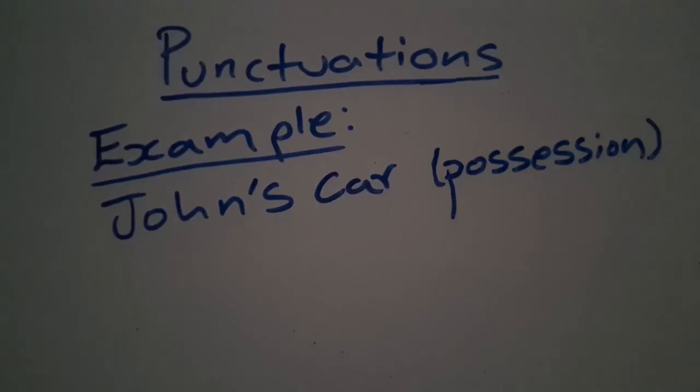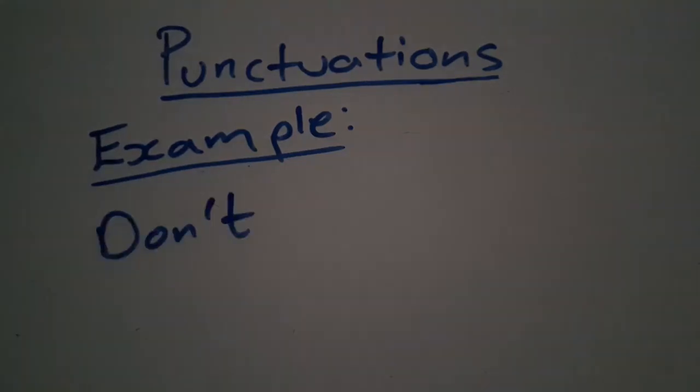Let's take another example. This time, this example is going to show us how an apostrophe can be used to show contraction. If you try to read this, it reads don't. But what is the original version of this? Or how can it be written without contracting it?